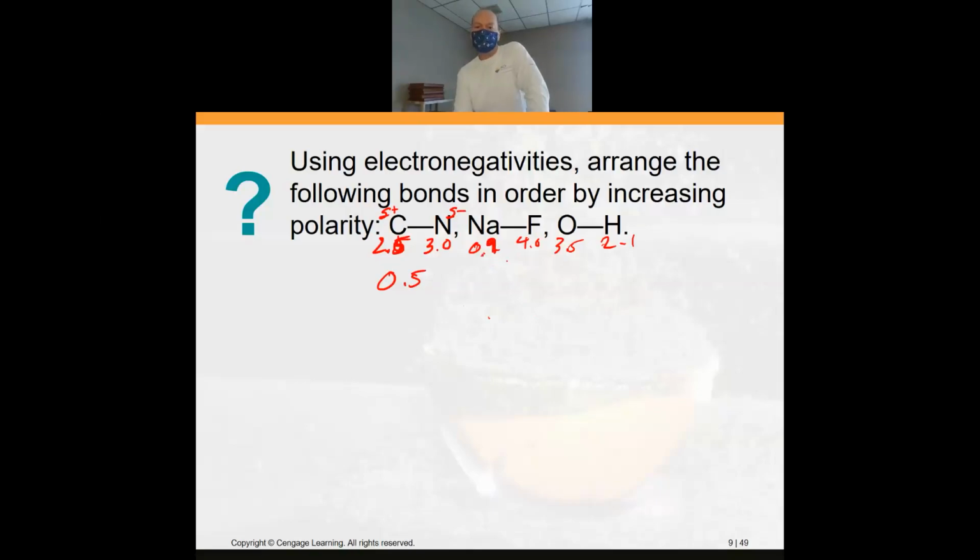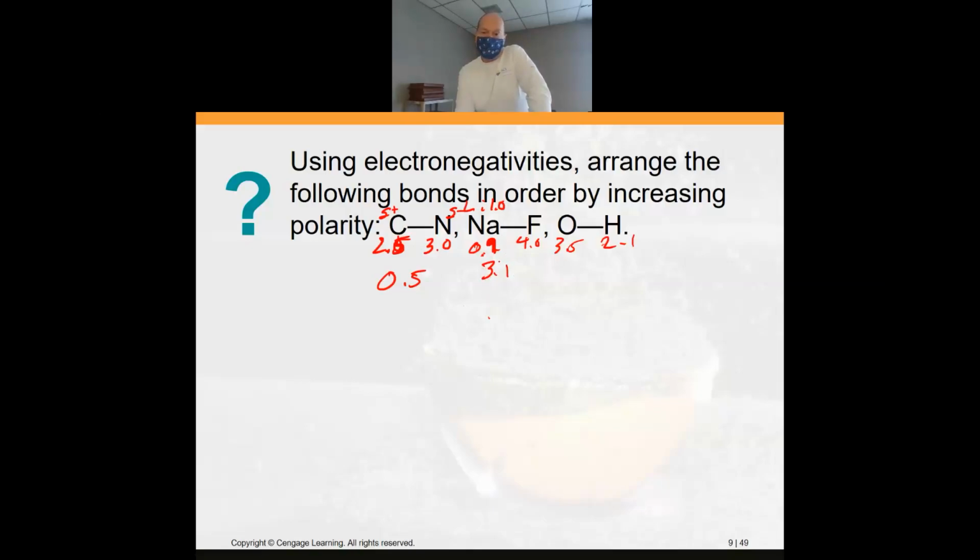All right, so the difference here we know is 3.1. What we do know for a fact is that it's at least 3, because lithium is memorized as 1.0, and so it decreases as it goes down. So this Na has to be less than 1. And so this number is going to be greater than 3.0.